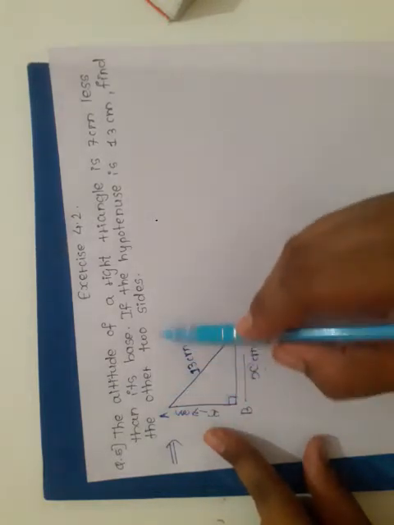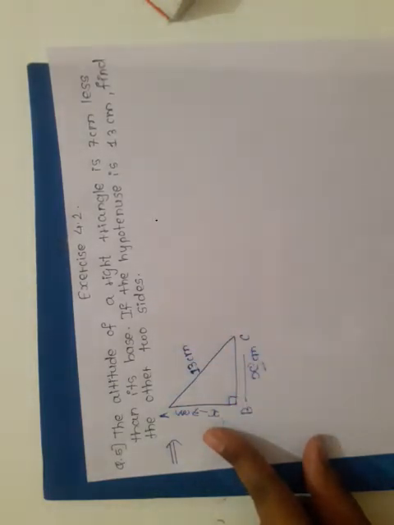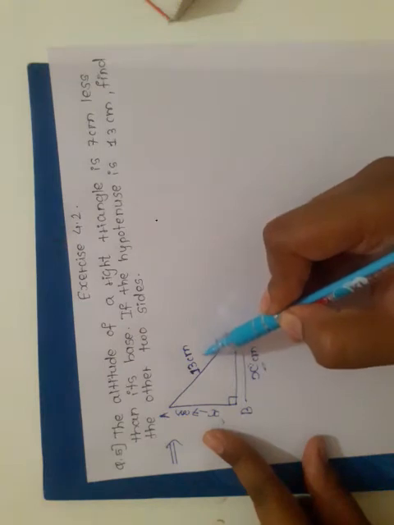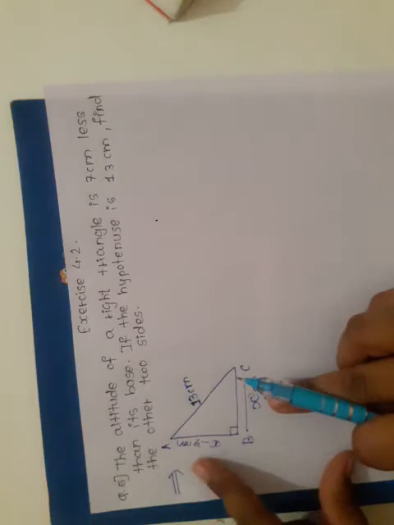And what we have to find out? The other two sides, means this side and this side we have to find out. The hypotenuse is already given to us. So step by step, suppose the base as x and then we get the altitude.